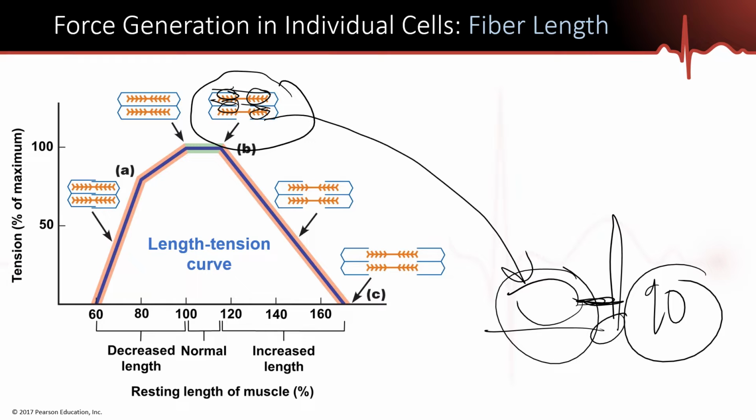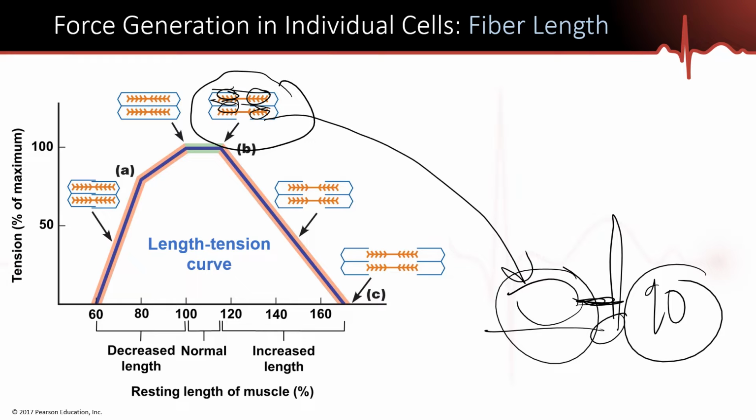This is really true for every muscle. Every muscle, if it's overly stretched, it'll produce submaximal force. If it's overly shortened, it'll produce submaximal force. It needs to be right in between being fully stretched and fully shortened in order for that muscle as a whole to generate the most force.